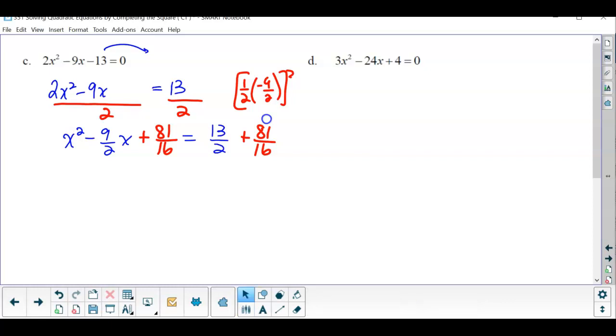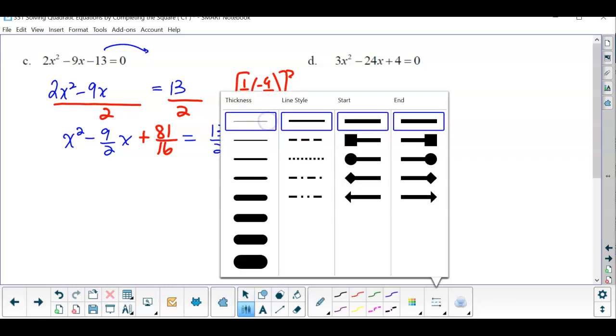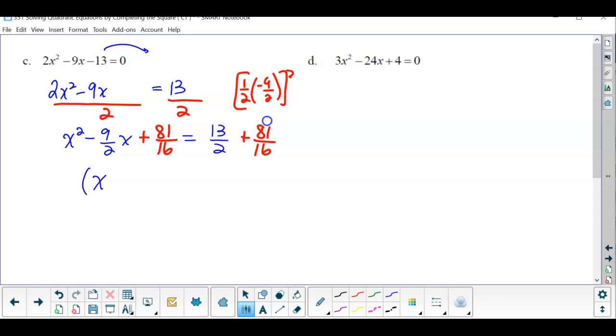So if you've chosen that number correctly, then it's going to be the square root of that with the same sign, or half of 9 over 2, which is 9 over 4. And then you need a common denominator here. So 2 times 8 is 16. 13 times 8 is what? 104.